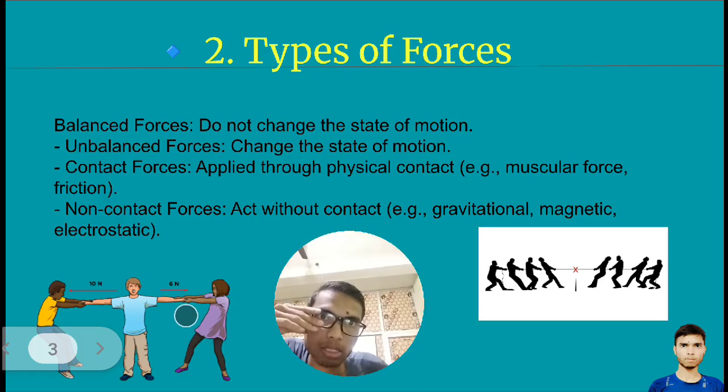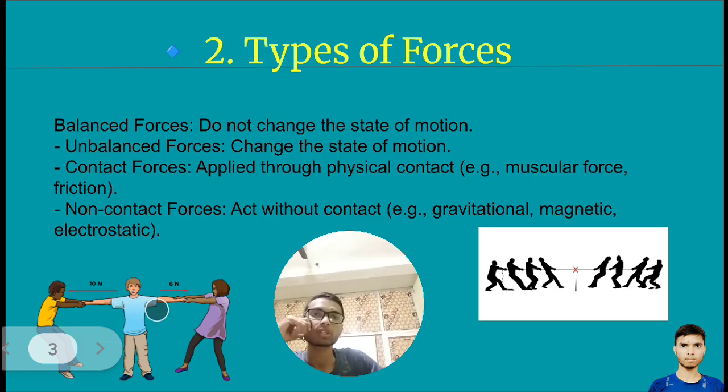I think 6 newton, and here he is applying 10 newton. Both are pulling, not pushing. She is pulling with 6 newton and he is pulling with 10 newton.